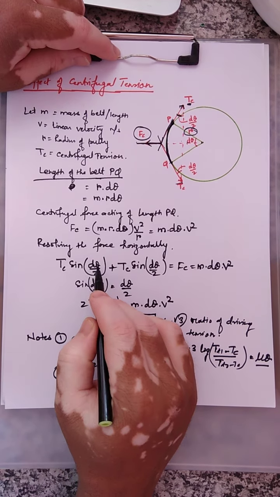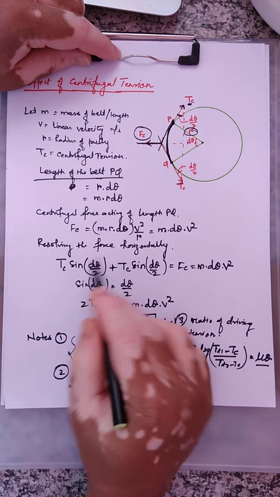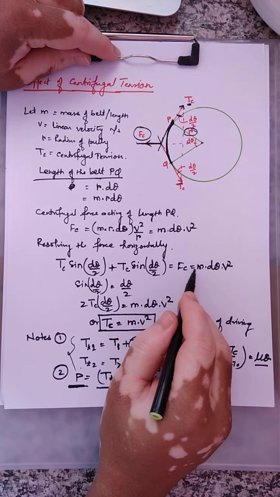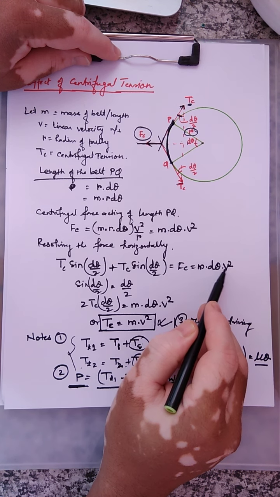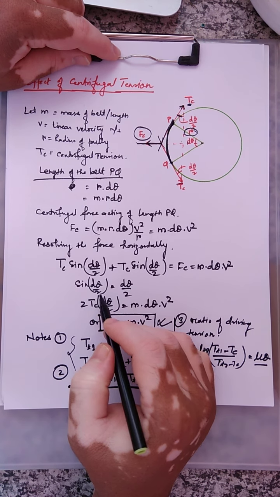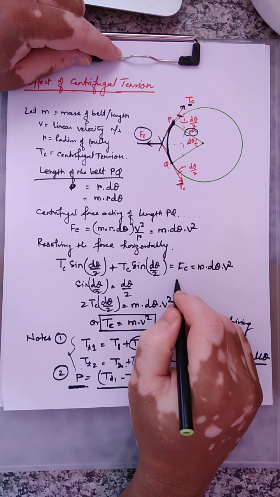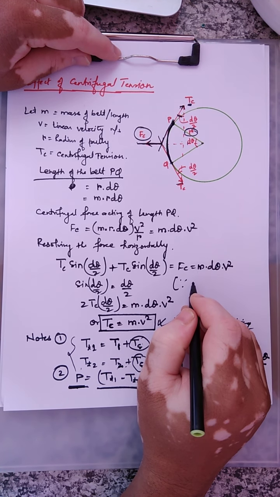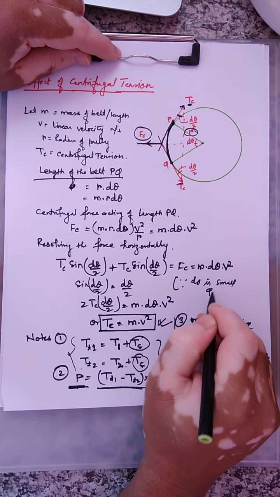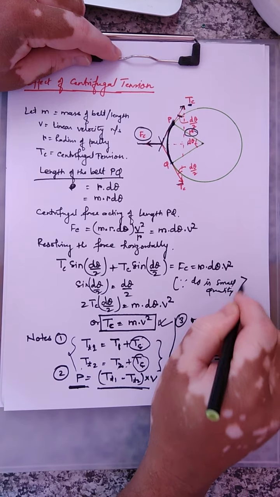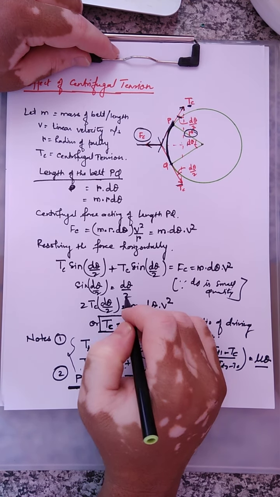Then Tc sin dθ by 2 plus Tc sin dθ by 2 is equal to Fc. Now Fc we have already calculated, m dθ v square. Since dθ is a small quantity, sin dθ by 2 is equal to dθ by 2.